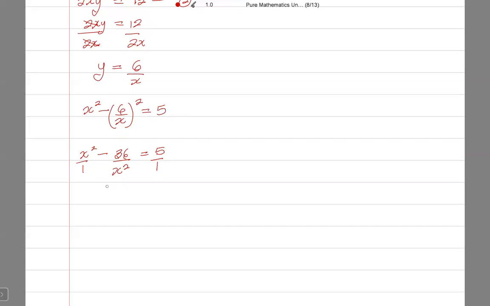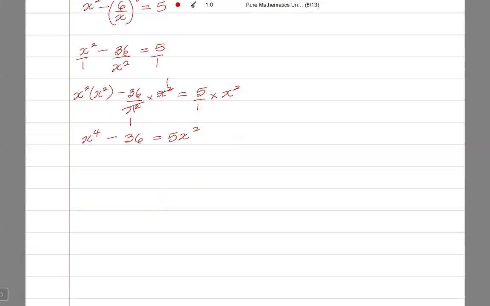So it's x squared times x squared minus 36 over x squared times x squared is equal to 5 over 1 times x squared. This will cause me to get rid of the fractions. That goes, that goes. I'm going to have x to the 4th power minus 36 is equal to 5x squared.